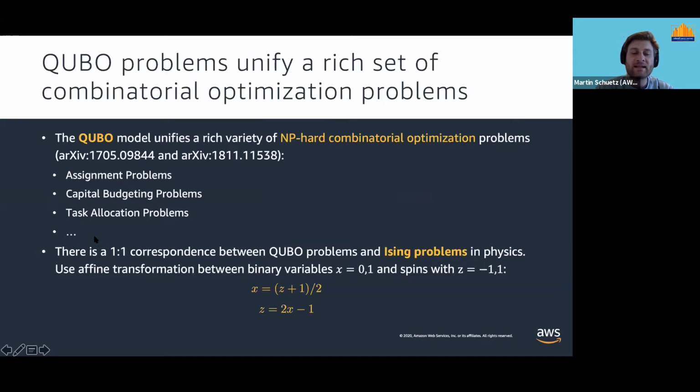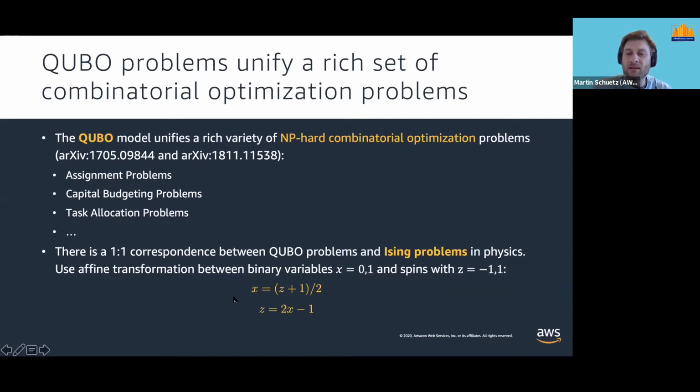And it is inherently linked to physics, because there is a one-to-one correspondence between QUBO problems and the famous Ising problem, the Ising Hamiltonian in physics. That is really a one-to-one mapping. It's essentially the same thing. It's just a matter of taste whether we prefer to encode our binary variables using 0 and 1, or using -1 and 1, which is the preferred language in physics if you denote these as spins.